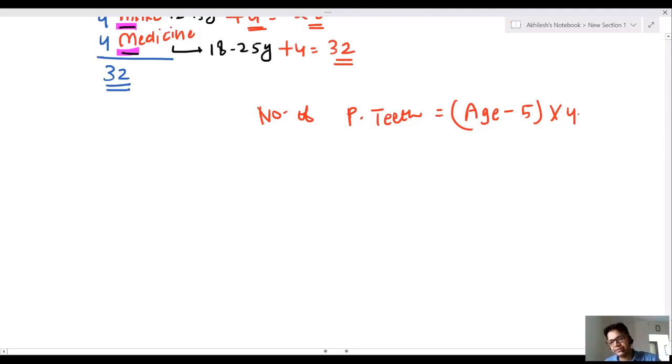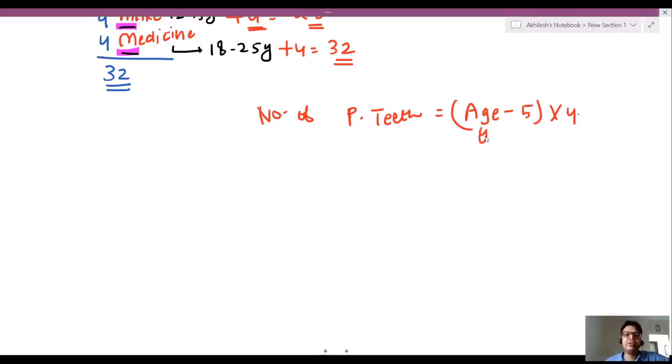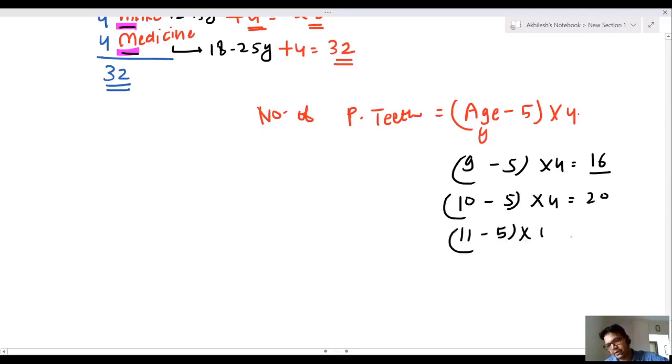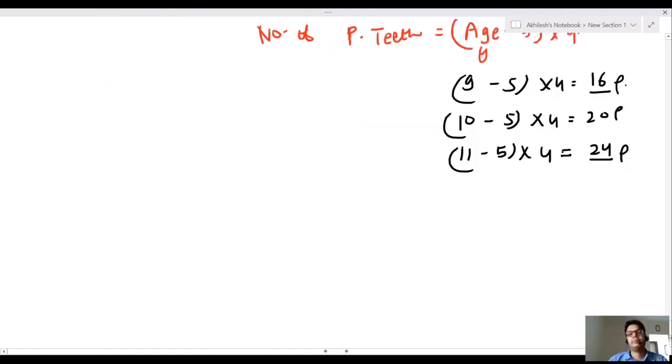At 9 years, 9 minus 5 into 4 is 16. At 10 years, 10 minus 5 into 4 is 20. Generally at 11 years of age, you get all 20 permanent teeth. By this formula, here you will have 8 temporary teeth, here 4 temporary teeth, here 0 temporary teeth.